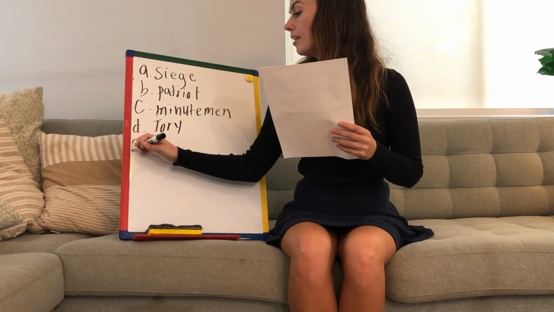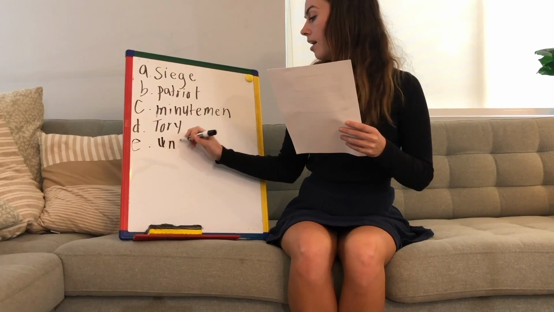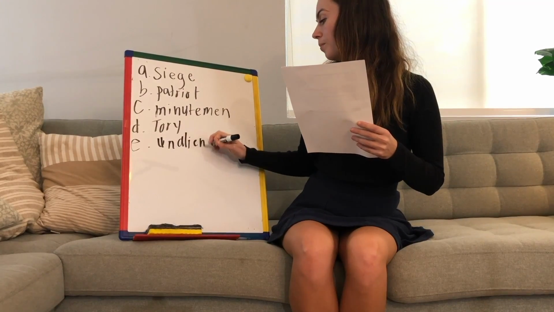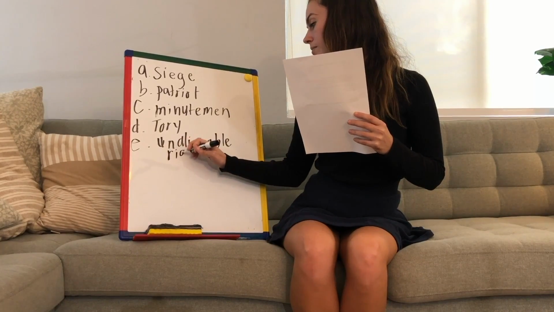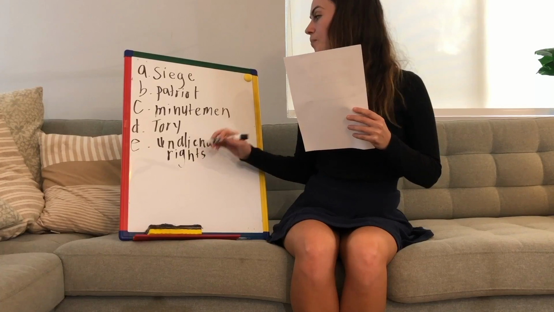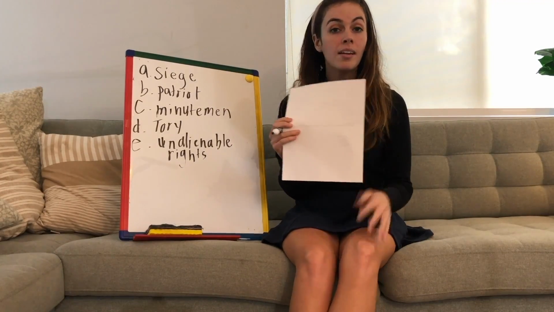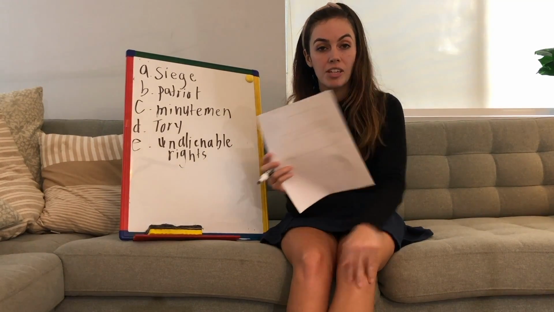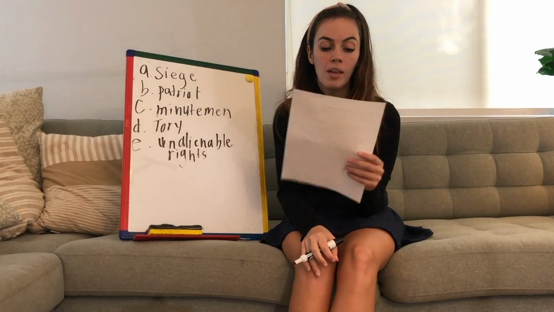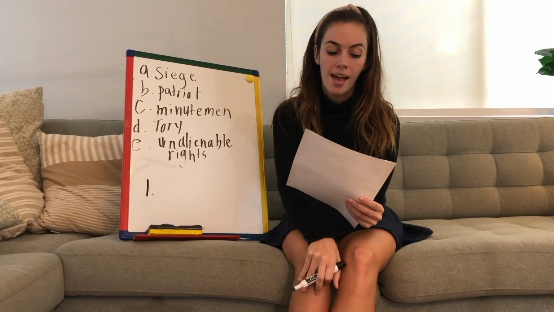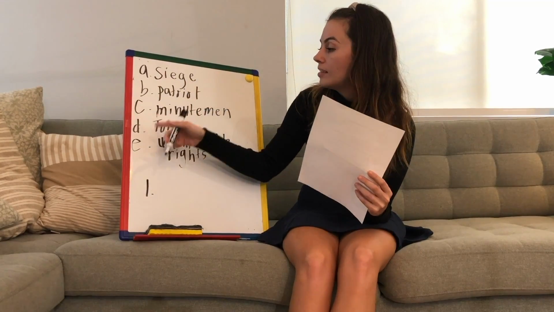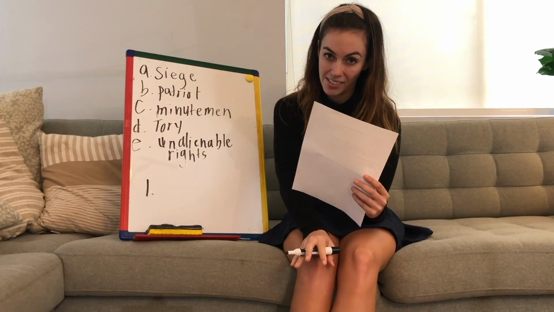And E is unalienable rights. Okay, so these are the five terms, and I'm going to read you a definition and you're going to match. On your paper, I want you to write number 1, and you're either going to put A, B, C, D, or E. Okay, does that make sense?